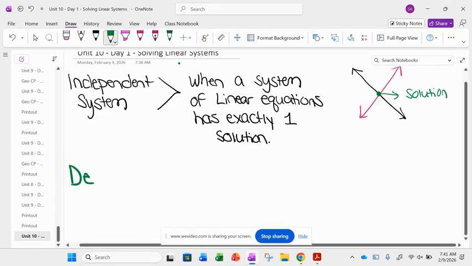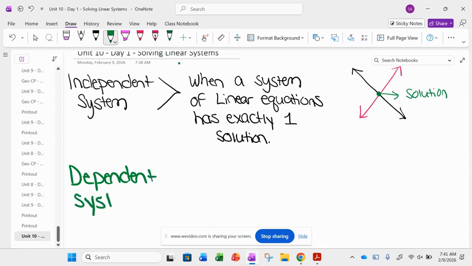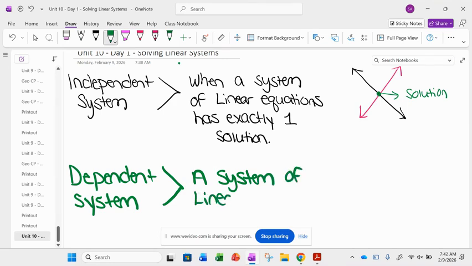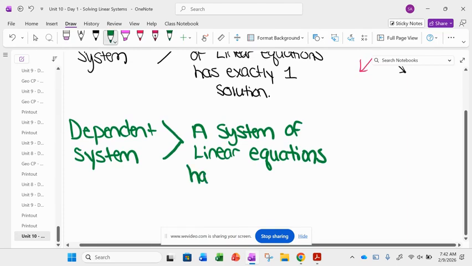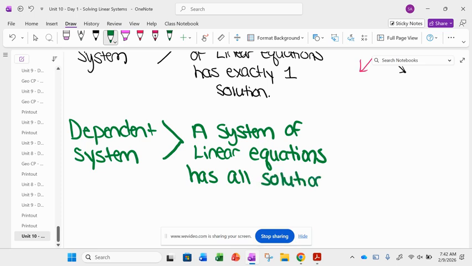Okay, so now let's talk about a dependent system. So a dependent system is when a system of linear equations has all solutions in common.